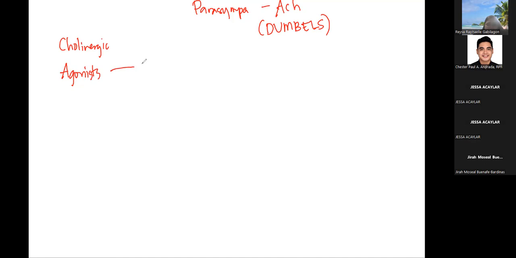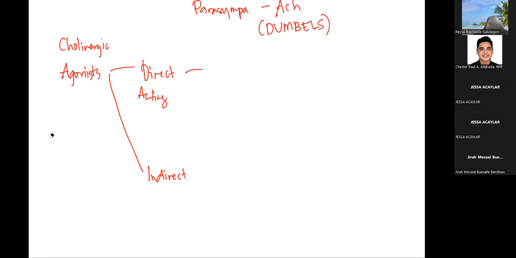So itong mga cholinergic agonists natin, we can classify them whether they are direct acting or indirect acting. So pag sinabing direct acting, the drug will really bind or meron siyang affinity to either the muscarinic or the nicotinic receptors.